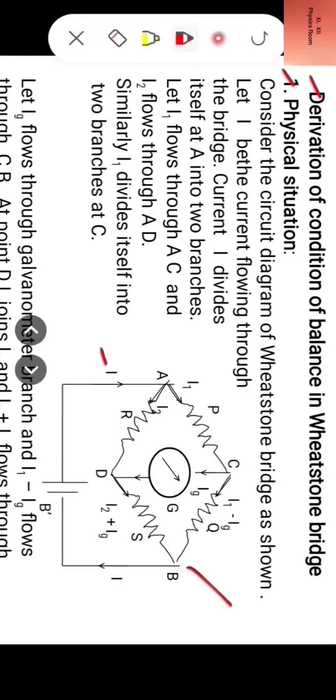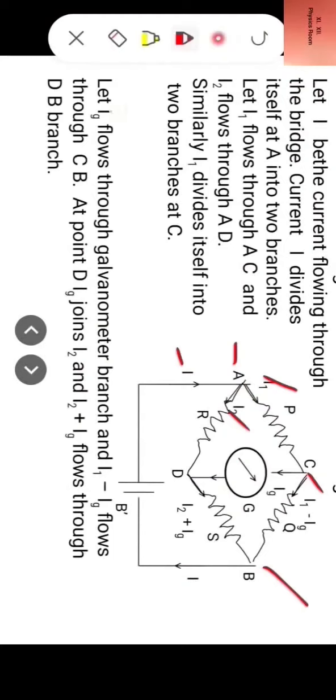Current I divides itself at point A into two branches. Let I1 flows through AC branch and I2 flows through AD branch. Similarly, I1 divides itself into two branches at point C. Let IG flows through galvanometer branch and I1 minus IG flows through CB branch.